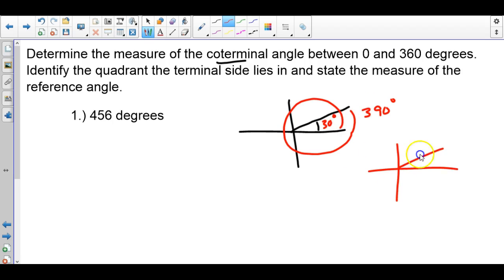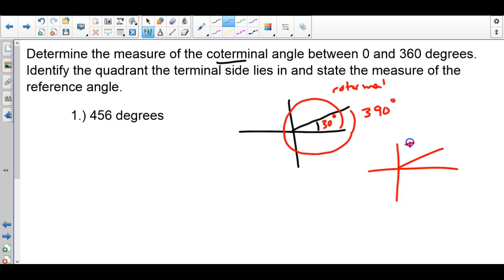They're both going to look like this as far as where the terminal side goes. So again, that's basically taking a full lap around is 360 degrees, plus that 30. Again, the word that we would use to represent this is coterminal. These angles are coterminal angles.